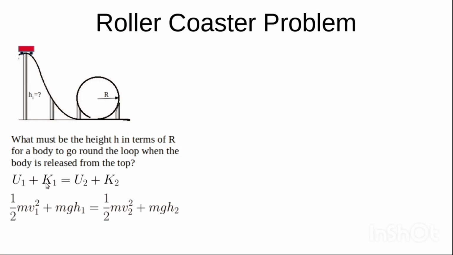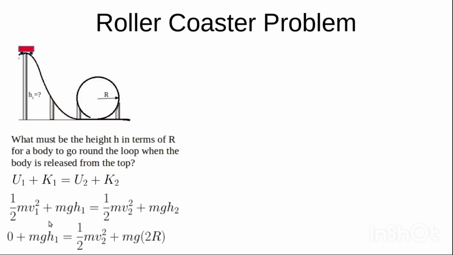So the kinetic energy at this point will be equal to 0, and we'll be left with just the potential energy, which is mgh. At point 2, which is this height, the kinetic energy is not 0. The potential energy is not 0 because it is above the ground, and at this point it possesses a speed. So this equation will reduce to this.